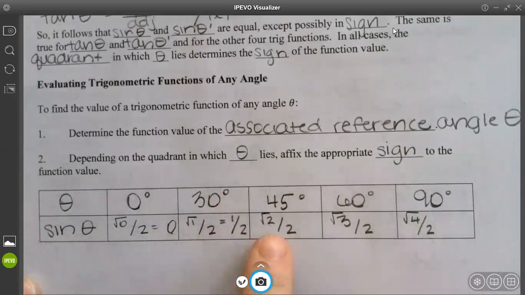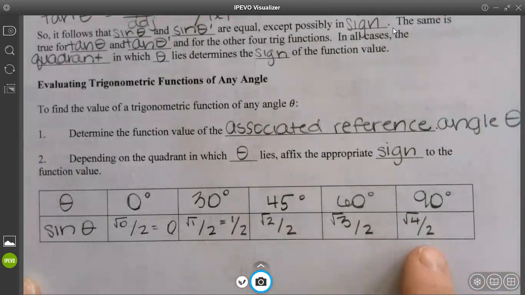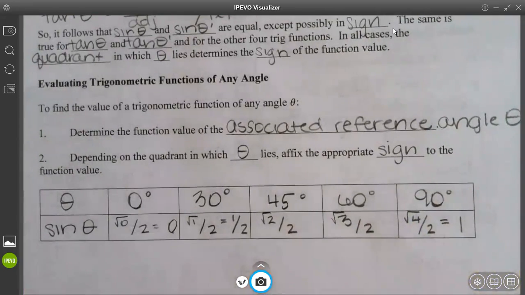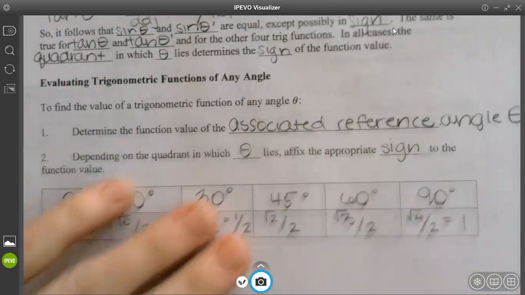At 45 degrees, what was your y coordinate? At 60 degrees? And at 90 degrees, what is your y coordinate? Square root of 4 is 2 over 2 or 1. See how it matches the unit circle? You don't have to memorize this, because if you know the unit circle, you already know it. Does everybody understand that?